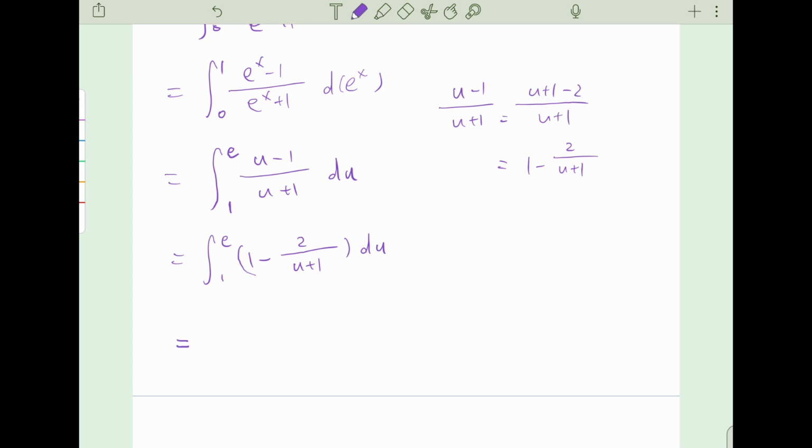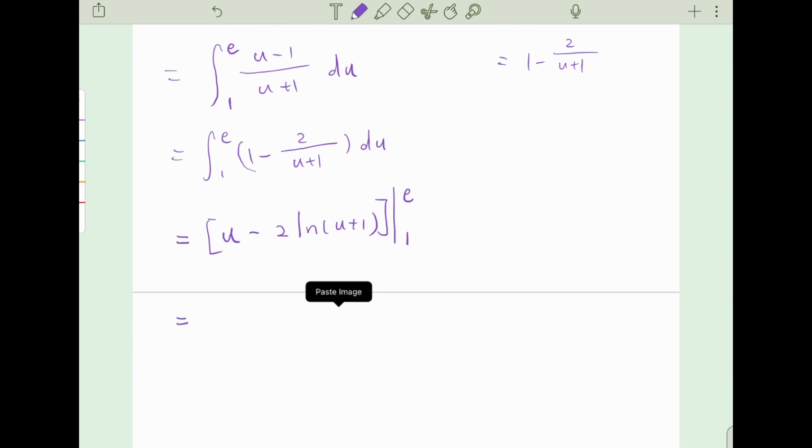It becomes u minus 2 times ln of u plus 1, with the upper bound e and lower bound 1.